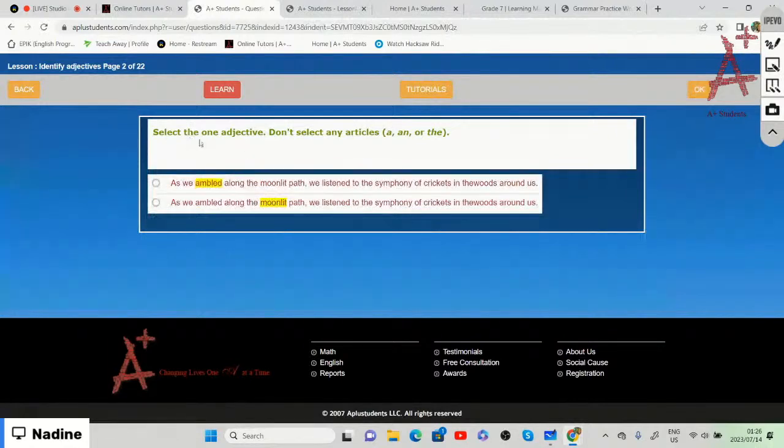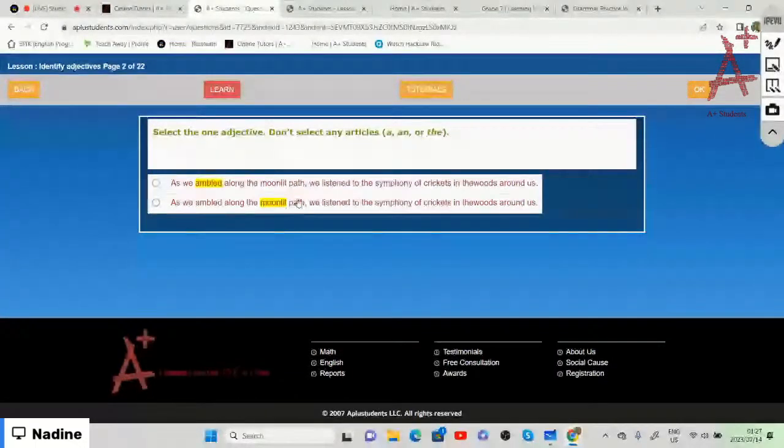We need to select one adjective. As we ambled along the moonlit path, we listened to the symphony of crickets in the woods around us. So the two highlighted words within the two sentences are ambled and moonlit.